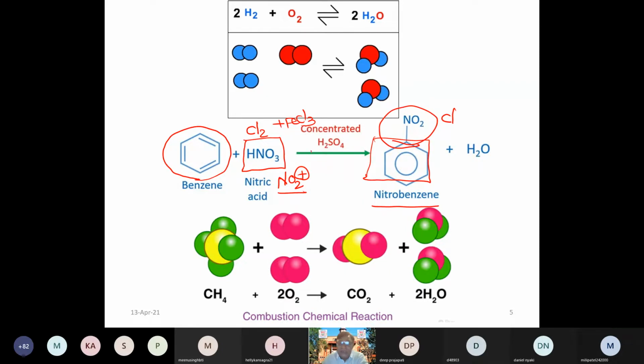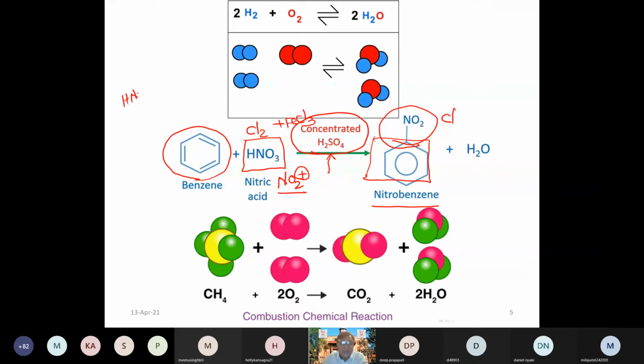Now the third point, that is the role of sulfuric acid. Here in the product, you can see there is absence of sulfuric acid, even though in the reaction it is involved, and that's why it is known as catalyst. How does it act as a catalyst?